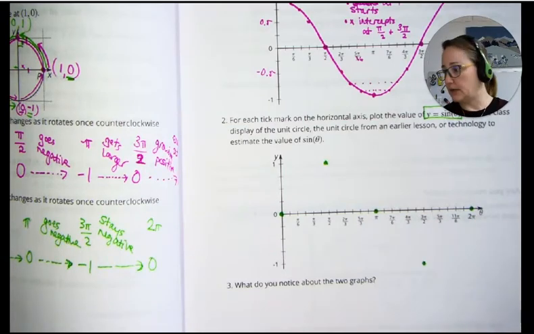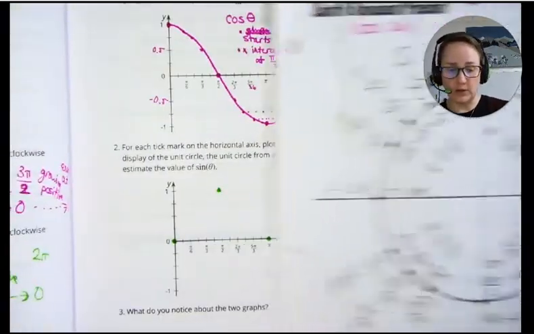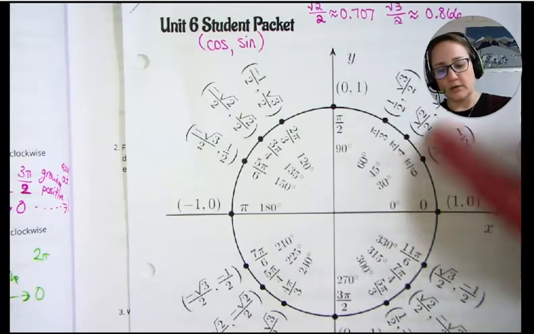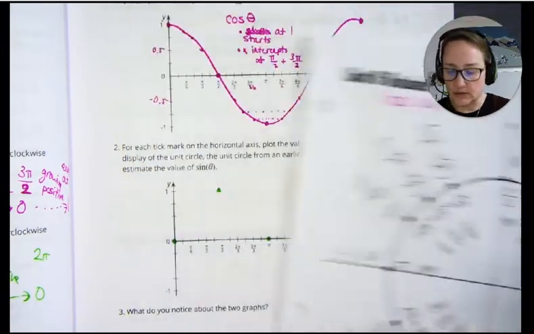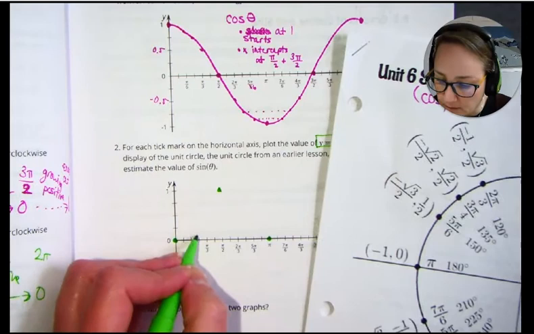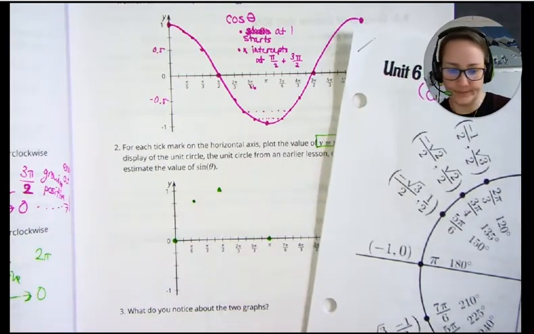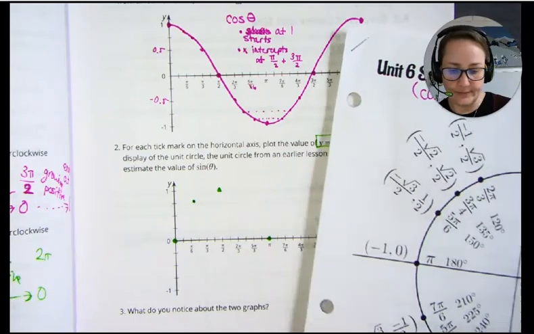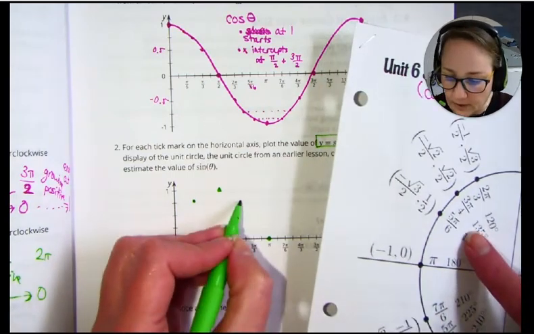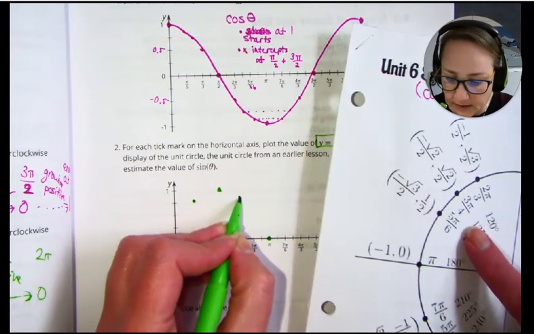And again, we can put in lots of these points in between. This time though, remember we're looking at the y-coordinate. So by pi over 4, we're at 0.707. Pi over 4, we're still at 0.707.